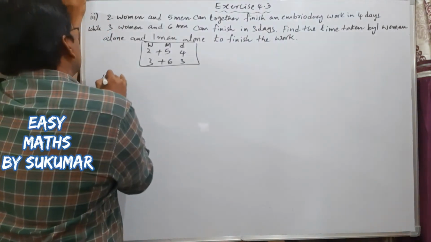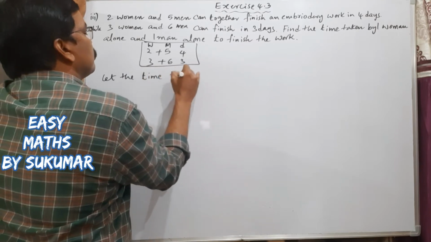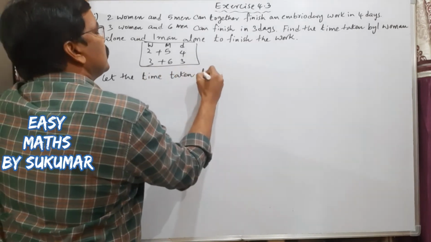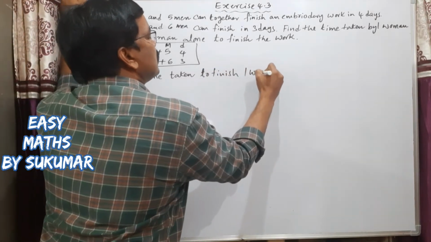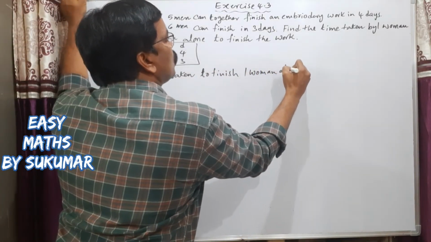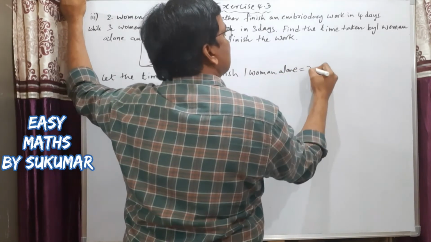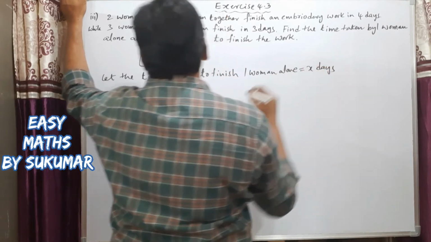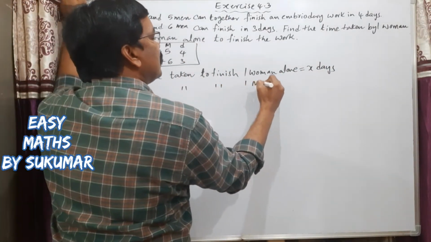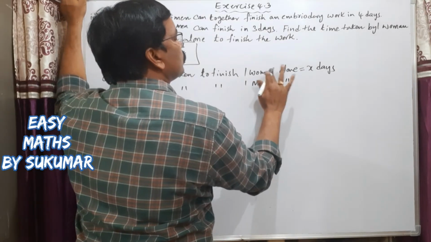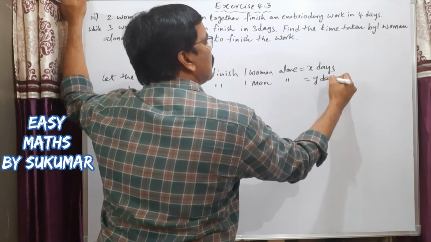Let the time taken to finish 1 woman alone be X number of days. Similarly, let the time taken to finish 1 man alone be Y number of days.